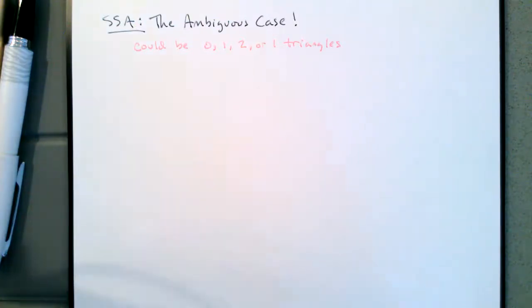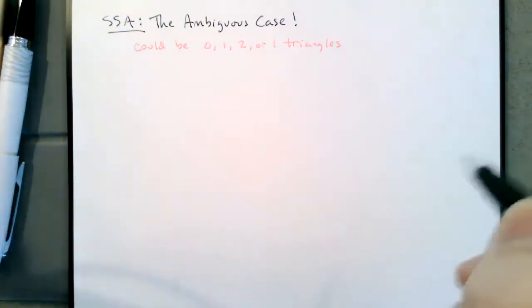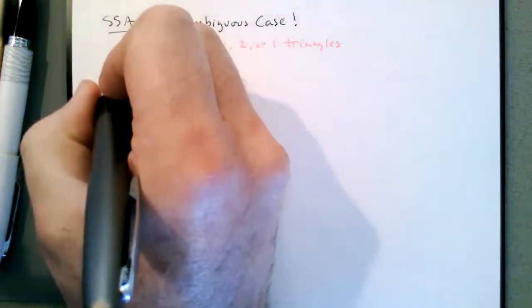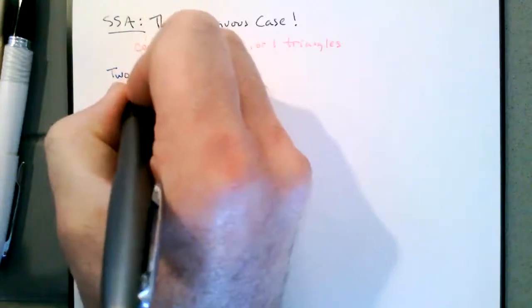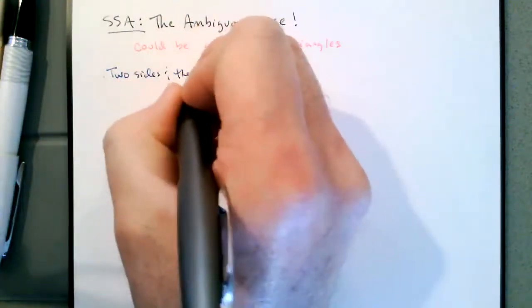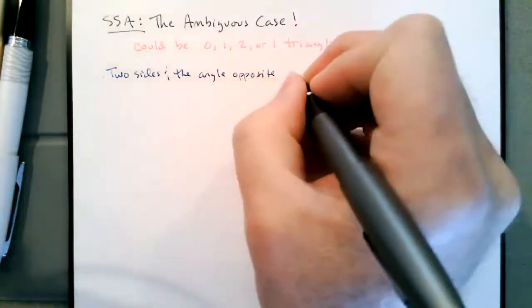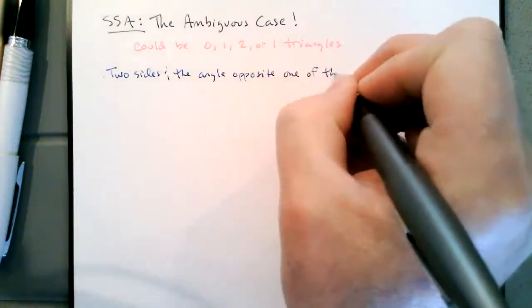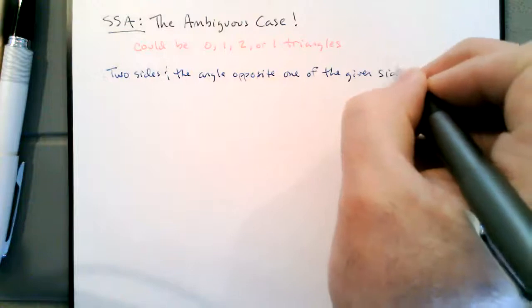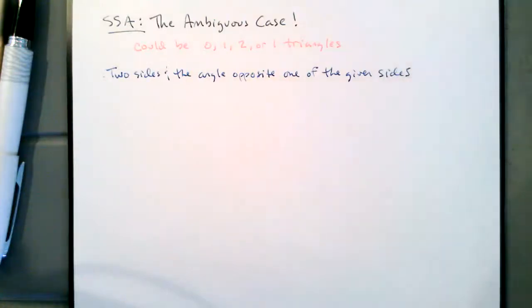I think this is not normally how I draw it, but that's okay. The two sides take different roles. This is not like side-angle-side, where it's two sides and the included angle. This is two sides and the angle opposite one of the given sides.